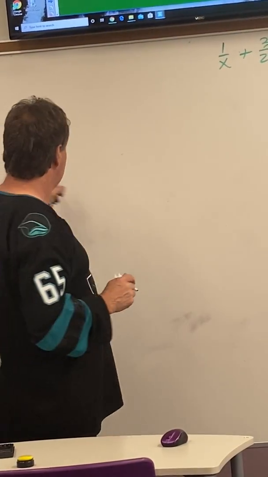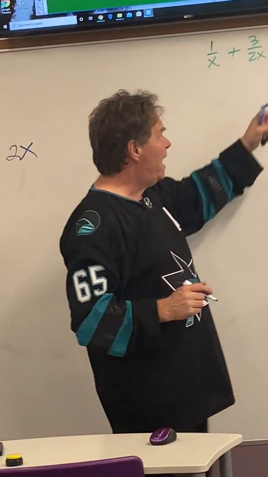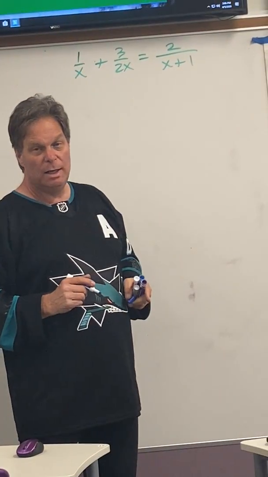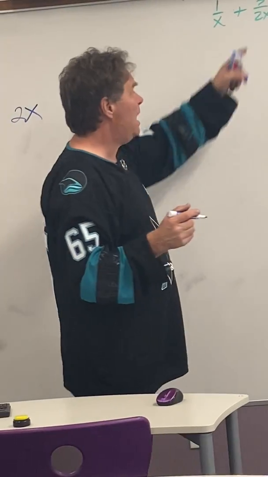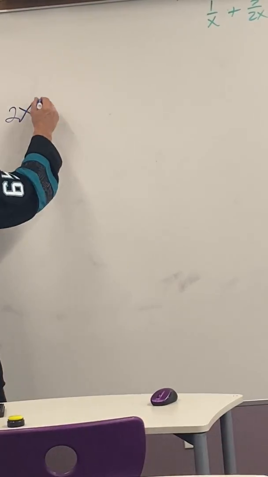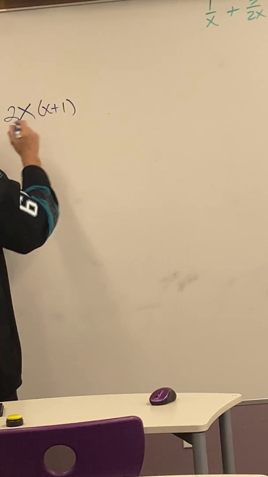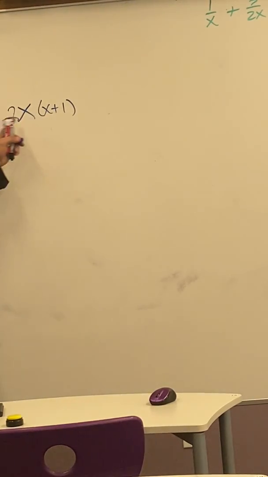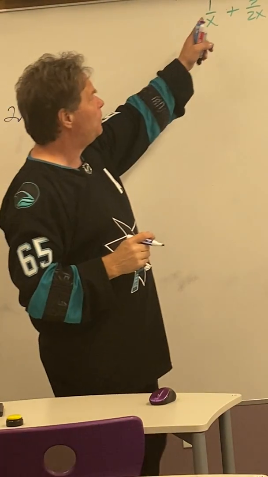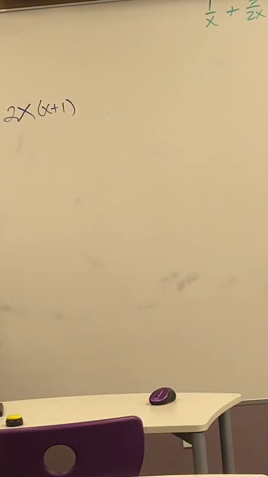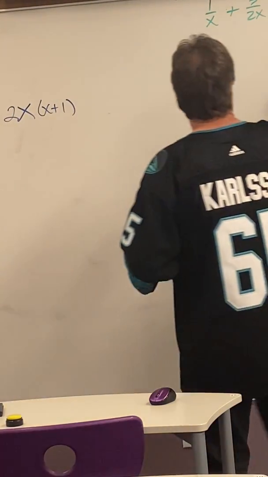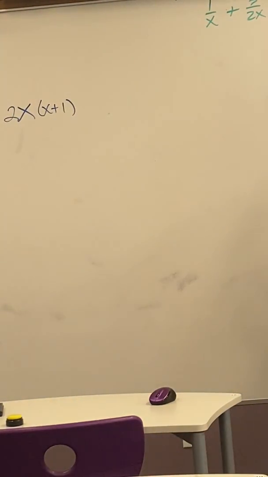Now I go over here. Does 2x have an x plus 1 in it? The answer is no, so I have to throw in an x plus 1. Now this is the smallest thing that will contain all 3 of those denominators. You want it to contain all 3 so that when you multiply by each of those, it will wipe out all the denominators.